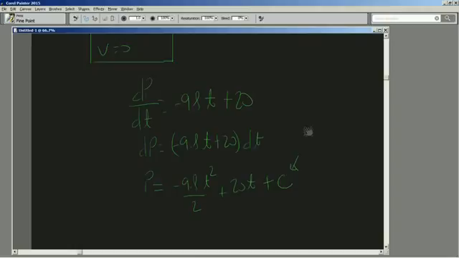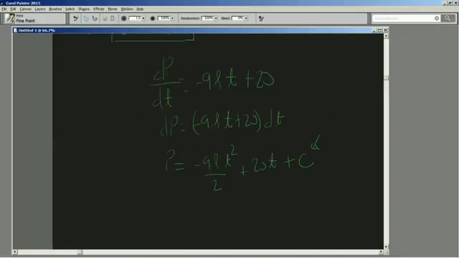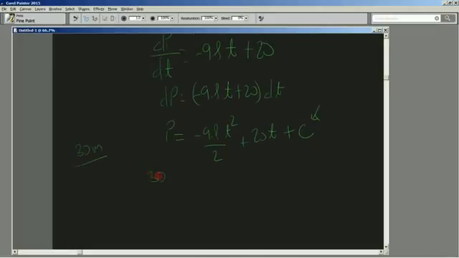All right, so what information do we need here? Well, we need to fill in our constant, and the way that we do this again is to set time equal to 0 and fill in the information that we have. So our initial position was 30 meters up in the air, so we can write 30 is equal to negative 9.8 over 2 t squared plus 20t plus c.